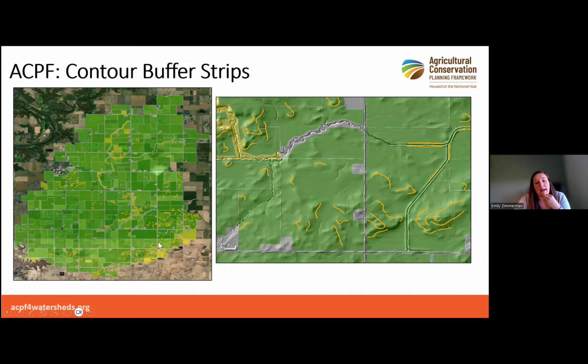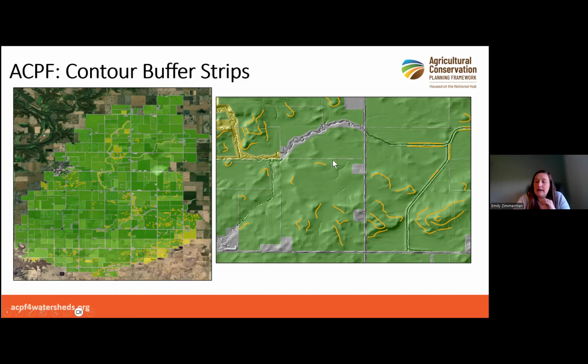And you can see the smattering of these orange squigglies. Those are contour buffer strips in different parts of the watershed where slope in this case is greater. The green overlay here, those are row crop fields, and the yellow fields are pasture. And in this case, for contour buffer strips, we exclude pasture.